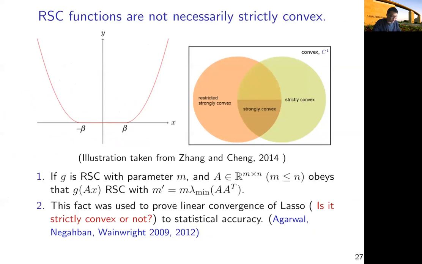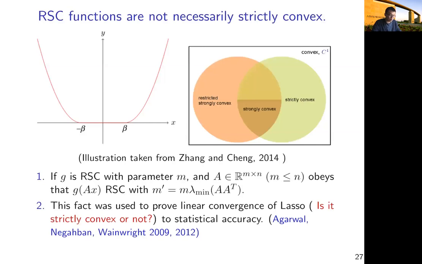Also, functions that are restricted strongly convex don't necessarily need to be strongly convex. Here's a simple one-dimensional example. If you split the quadratic function into two halves and add a flat region in between, from minus beta to beta, where all points within this region are optimal, this is a function that's clearly not strictly convex, let alone strongly convex.